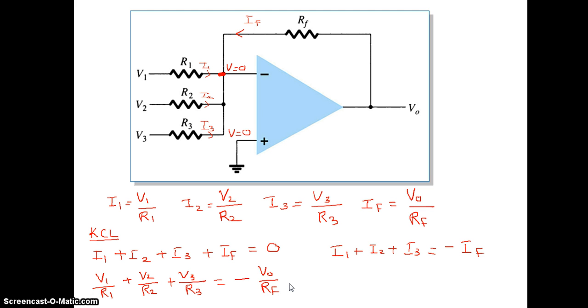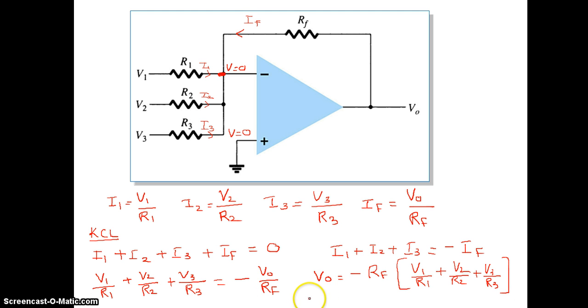So here I can write my output VO as minus, cross multiplying, RF into V1 by R1 plus V2 by R2 plus V3 by R3.